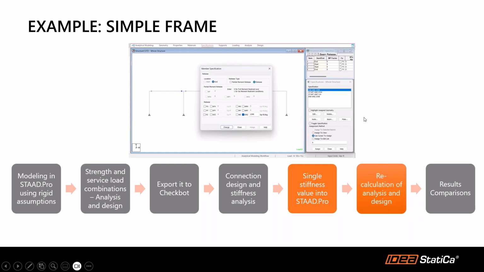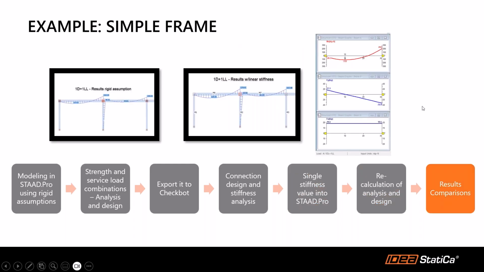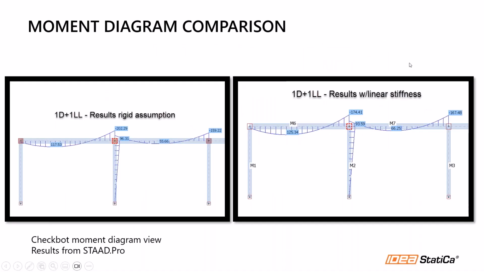So let's take a look at the results. First, let me explain what you're seeing here. These are Checkbot moment diagram views, okay? Remember that in Checkbot you can see the moment diagram on the members. In the first iteration, I took this screenshot here, right?